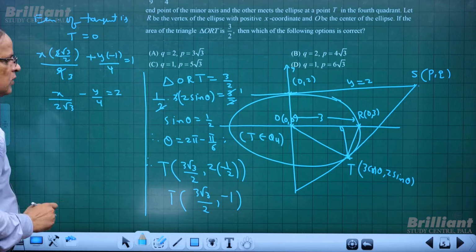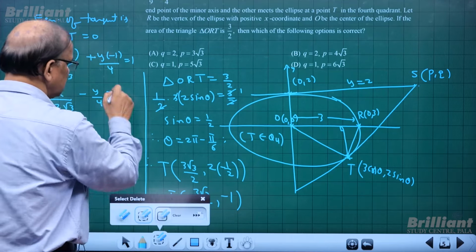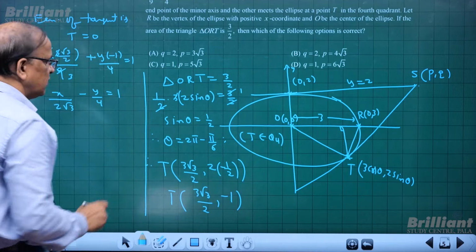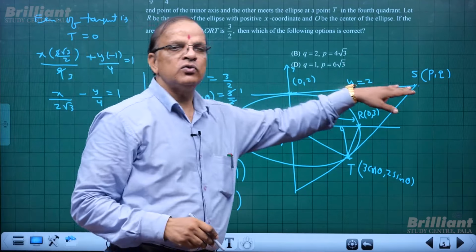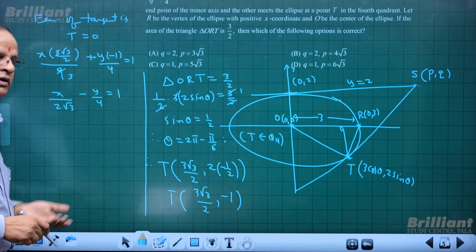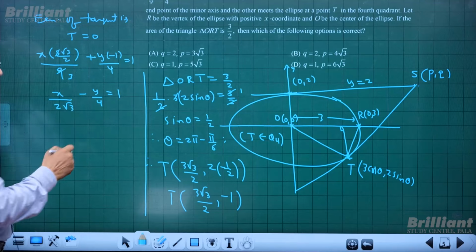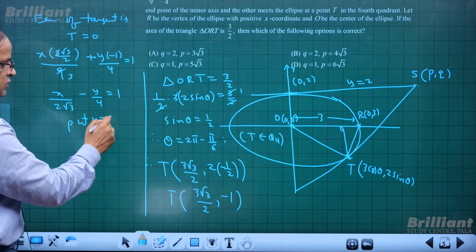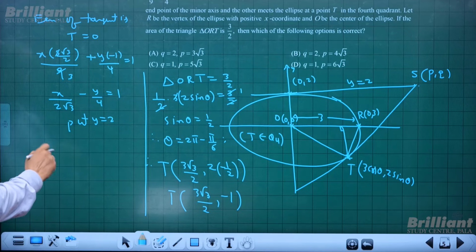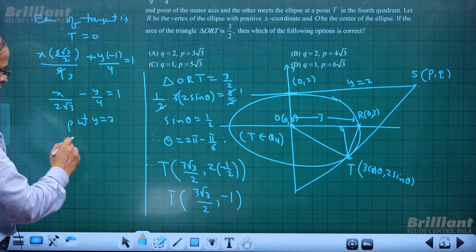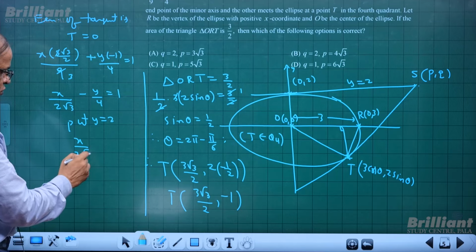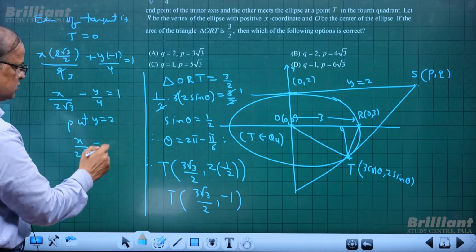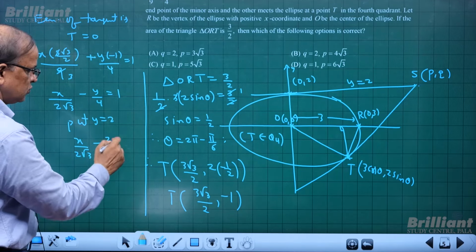Now put y equal to 2, the tangent, and here we will get x, that is PQ. So x by 2 root 3 minus 2 by 4 is equal to 1.